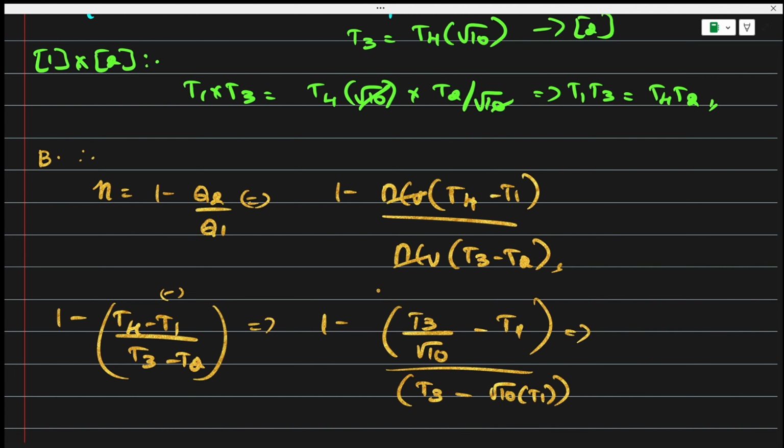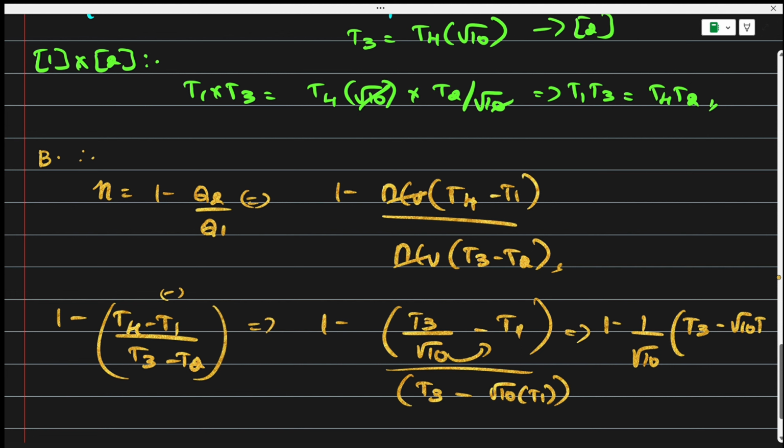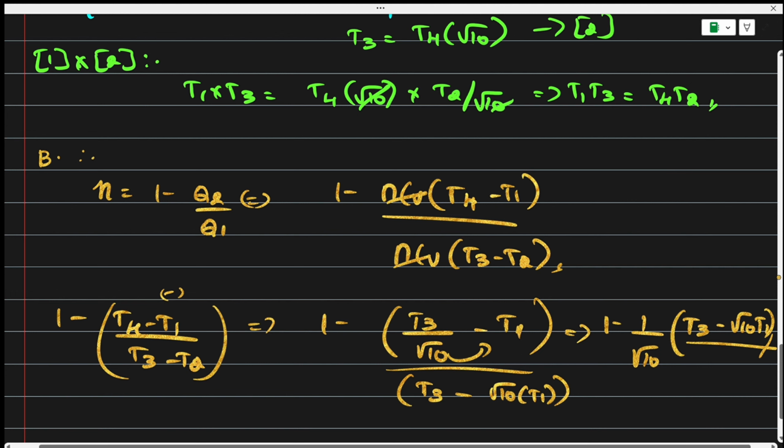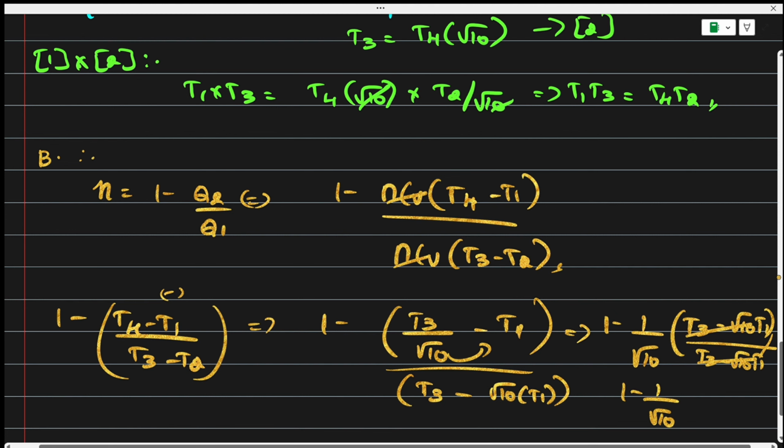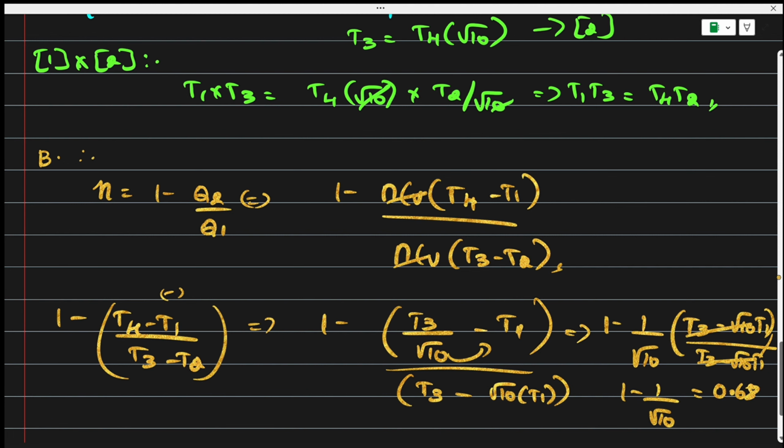So 1 minus 1 by root 10 into T3 minus root 10 into T1, divided by T3 minus root 10 into T1. Let's get rid of this. So 1 minus 1 by root 10, we will get the final answer as 0.68.